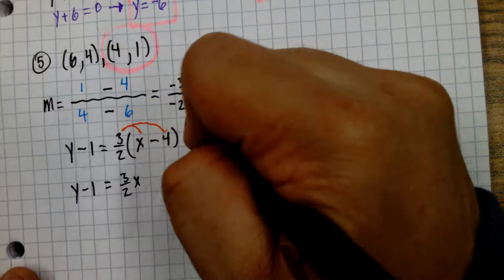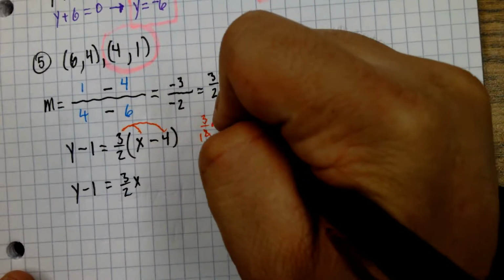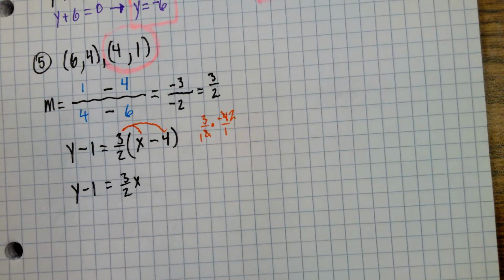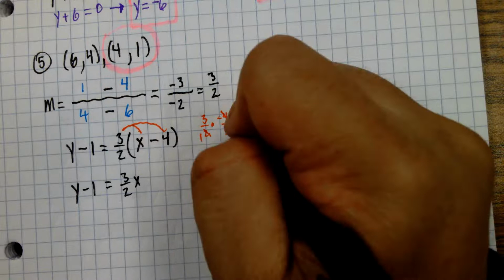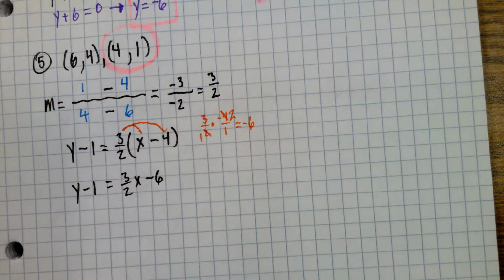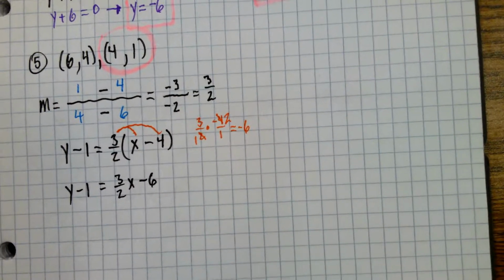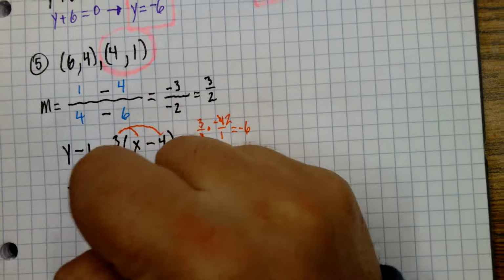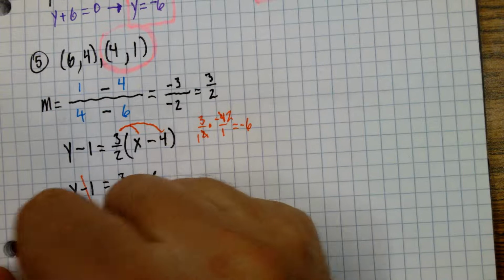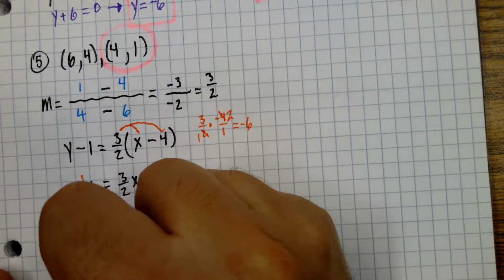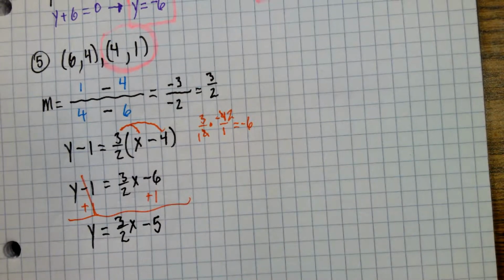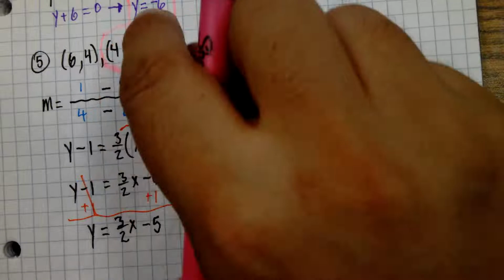Yeah, let's do that. 2 goes into 2 once, 2 goes into 4 2 times. So I got -2. So what's my answer here after all that? -6. So -6 here. Okay. And let's get rid of the -1. And we get y equals 3/2 times x minus 5. Okay? So that's when we picked (4, 1).